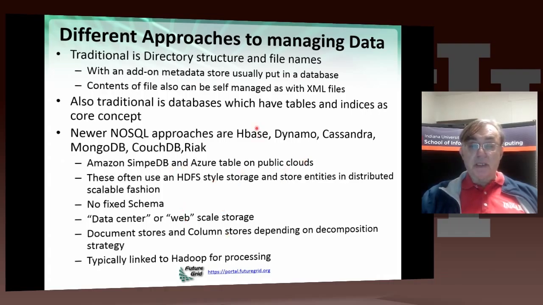HBase is built on HDFS, and they store entities in a distributed, scalable fashion. There's no fixed schema, and these are meant to be data center or web scale storage. These tend to be so-called document stores or column stores, depending on how you get parallelism from their decomposition. Often these systems are linked to Hadoop to do the actual processing.